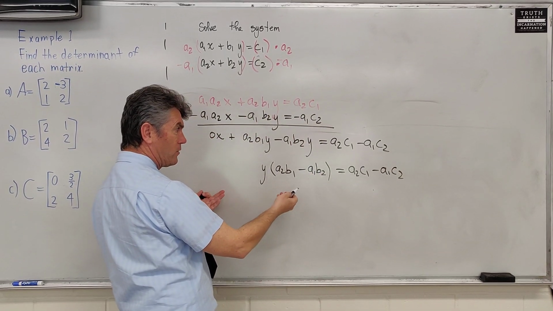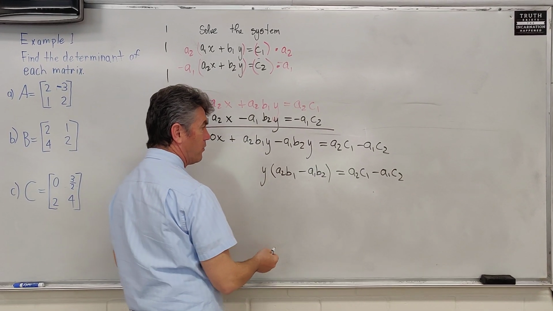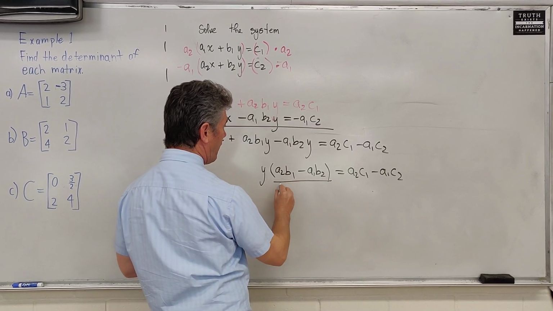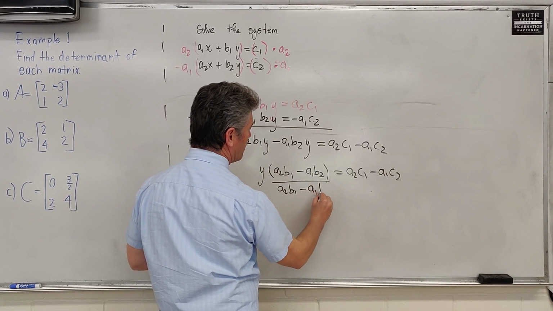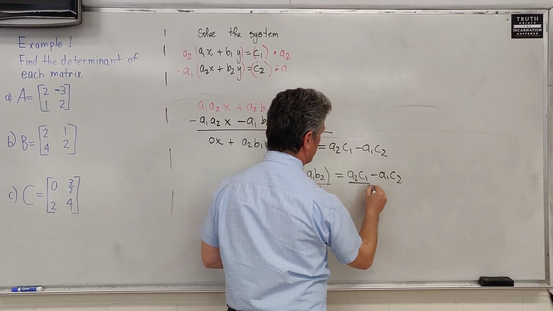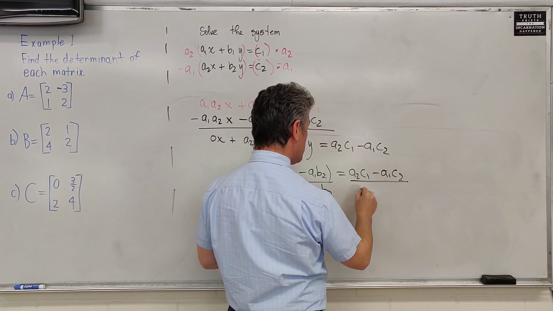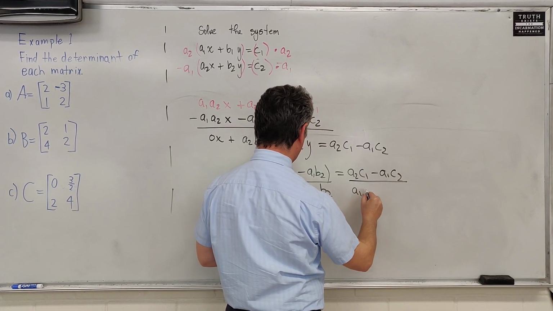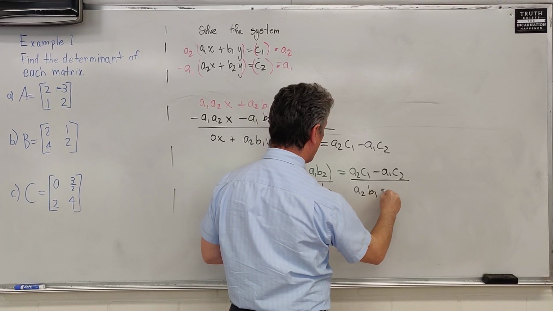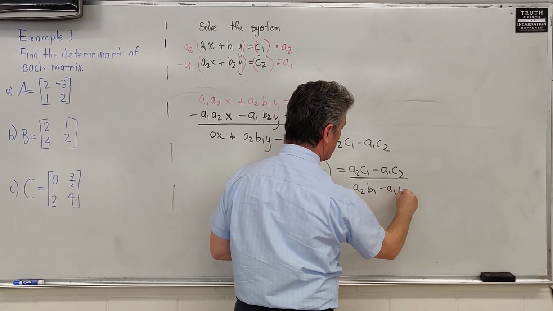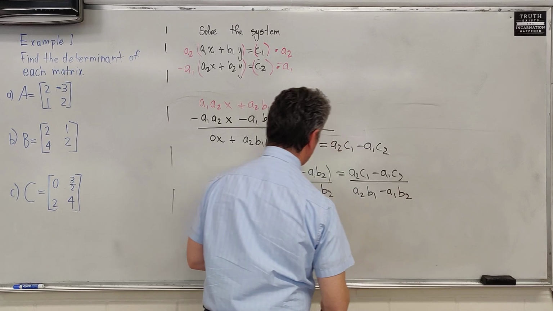And then we're going to divide on both sides by a sub 2, b sub 1 minus a sub 1, b sub 2.